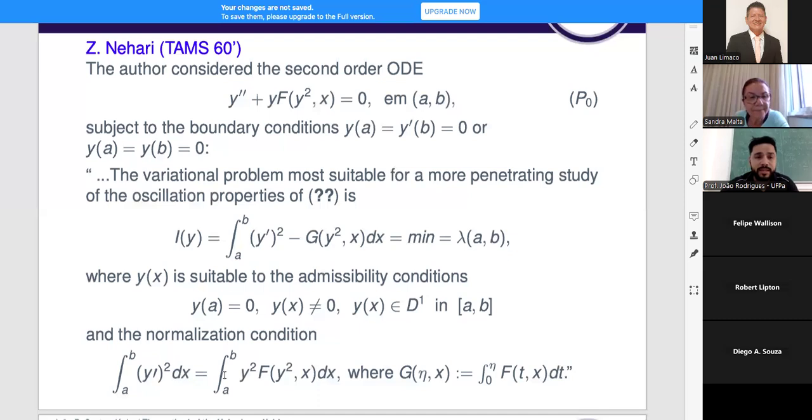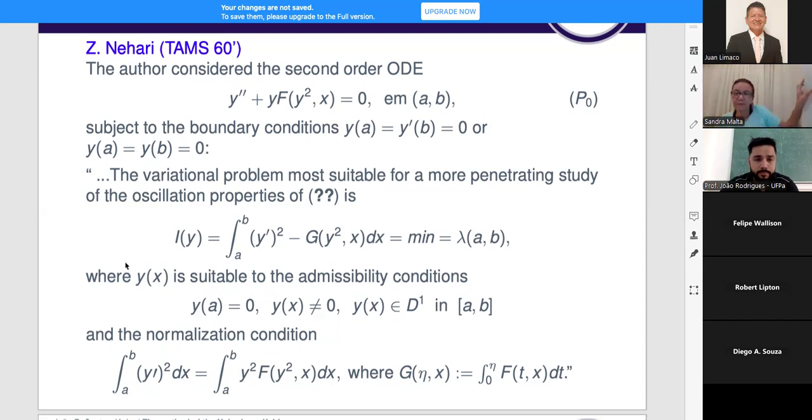Okay, so the idea introduced by Nehari was very interesting, and in the following years, this idea turned out very useful in a lot of different situations, and many authors started to use the ideas of Nehari.